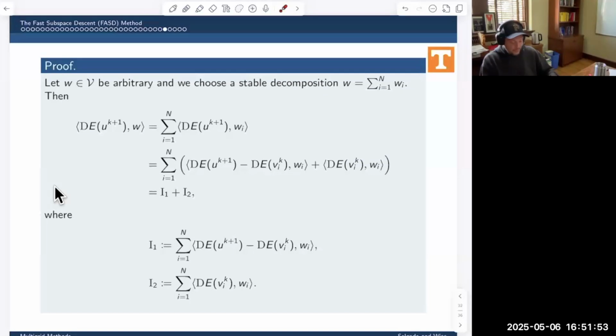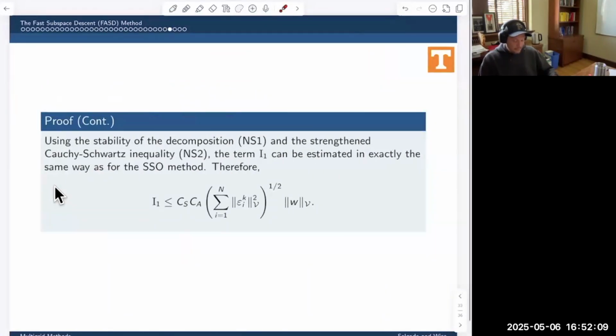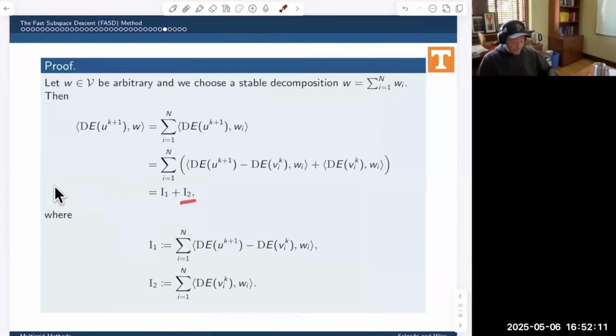That's the standard approach. You immediately substitute for W the sum of WIs. And then this step is the same. We add and subtract, basically adding 0. But now, instead of having one of these two integrals cancel and be identically 0, we can't do that. And so we're stuck with having to estimate both of them.